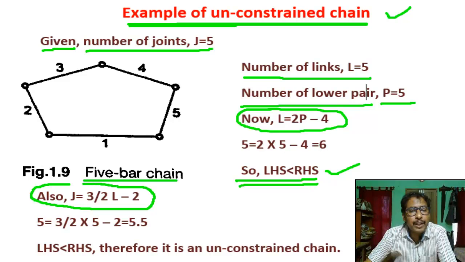Also in equation 2, we know J equal to 3 by 2 into L minus 2. On the left side J equal to 5; on the right side 3 by 2, L equal to 5, minus 2 equal to 5.5. Therefore, left hand side is less than right hand side.